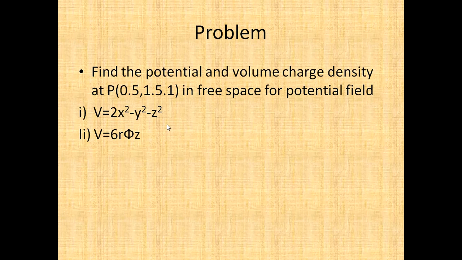Once we get the potential, we know the relation between the volume charge density and the electric field intensity, and from that we can calculate the volume charge density. In this problem the upper one is given in Cartesian coordinates and the lower one in cylindrical coordinates. So we have to change the coordinates to find V at the particular point.